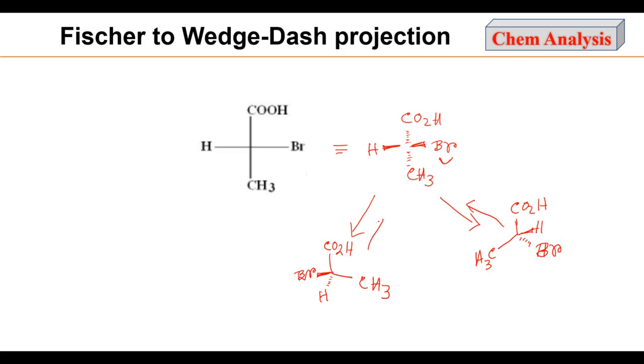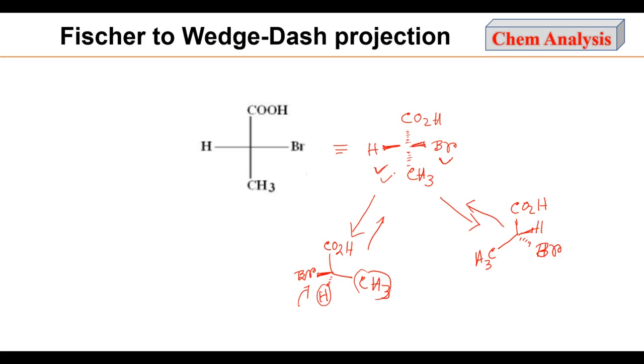Okay, since going from this OH dash to Fischer projection we will end up with this same structure. Since if we view this compound from this orientation, then the bromine atom will be on the right side and hydrogen atom will be on the left side, and the CO2H group will be on the vertical above and methyl group will be on the vertical below. So this structure will result.